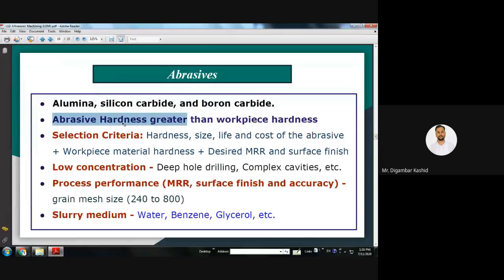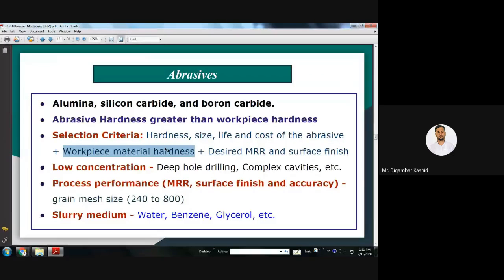There is a criteria for the selection. While selecting these abrasives, the following points should be taken care of: hardness, size of the abrasive, life of the abrasive, and the cost of the abrasive. What is the workpiece metal hardness?